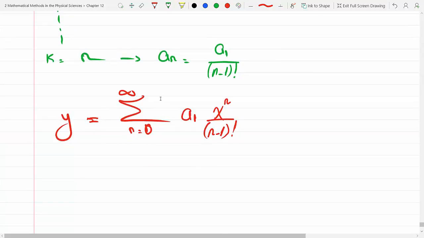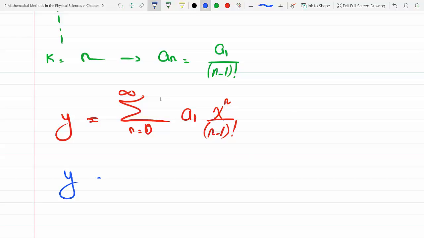However, if I need to write this in a little bit more informative way, I could allow this to start at, so I would replace the n minus 1. Okay, let me just do this in a slightly different way.